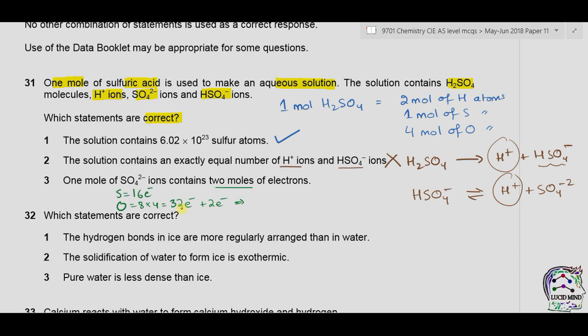So 16 plus 32 plus 2 becomes 50 moles of electrons. So we do not have 2 moles, we have 50 moles of electrons in 1 mole of sulfate negative 2 ions. As only option 1 is correct, the answer is therefore D.